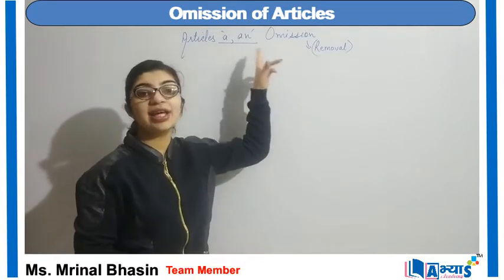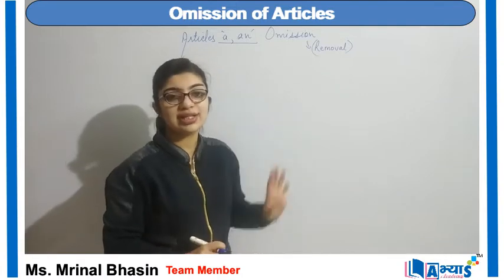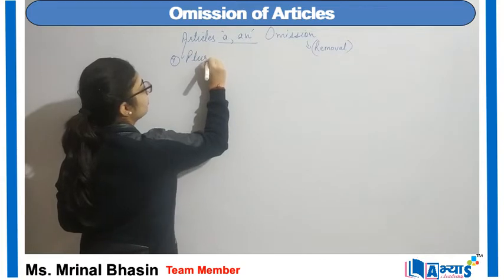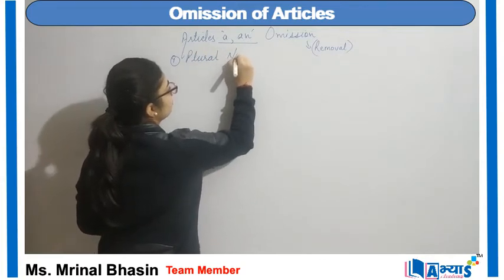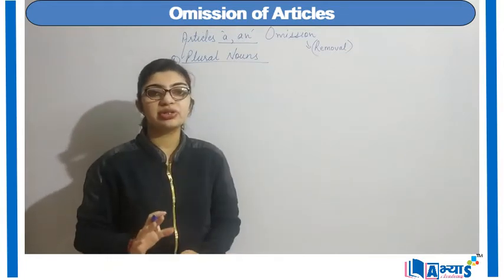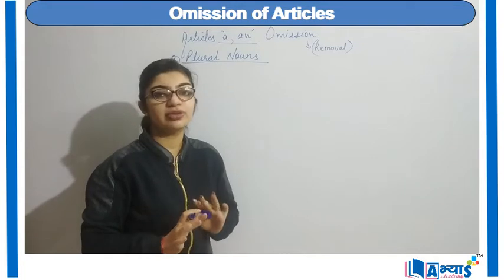The first case where the article a and an is not used is for plural nouns. Whenever we are making use of a plural noun, we do not need to write articles in front of them.